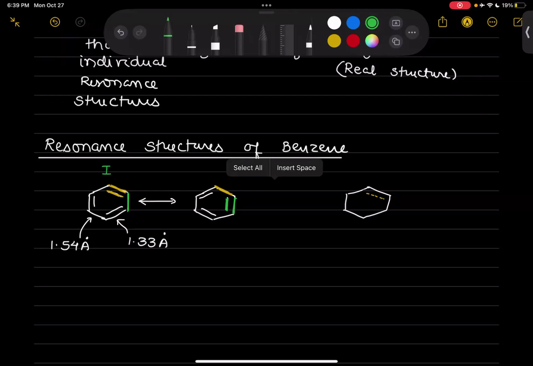But what bond is actually present between these two? The actual is the average. It is not completely double, it is not completely single, some overlap has taken place. So one bond is completely there, and the other bond is not completely absent or completely present. I have represented it by a dotted line. Same thing I'm going to do here also. Is this clear? And this is known as the resonance hybrid of benzene.